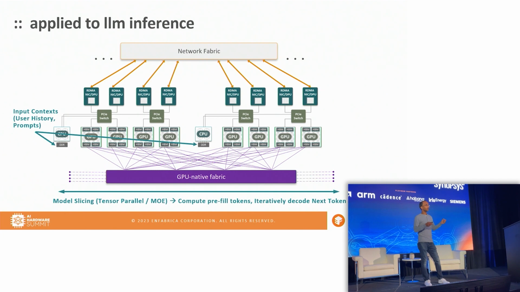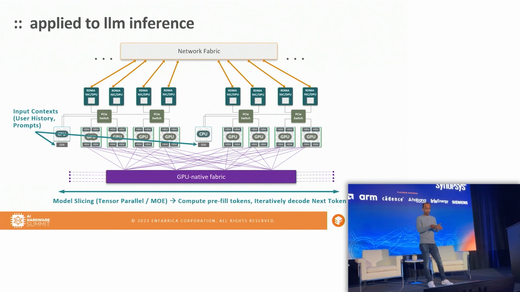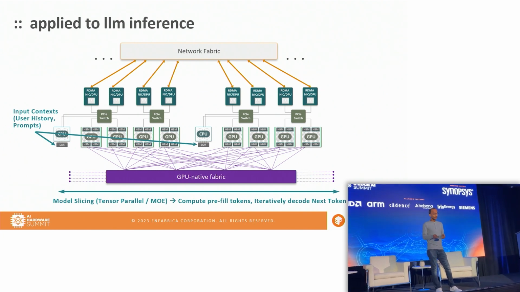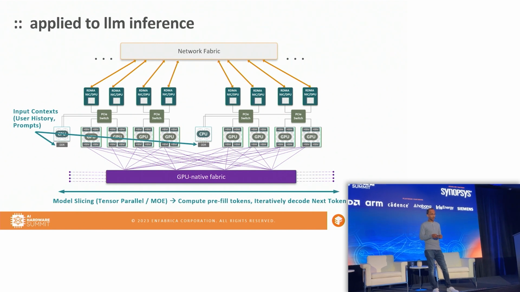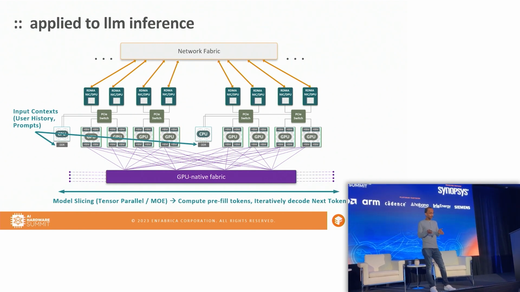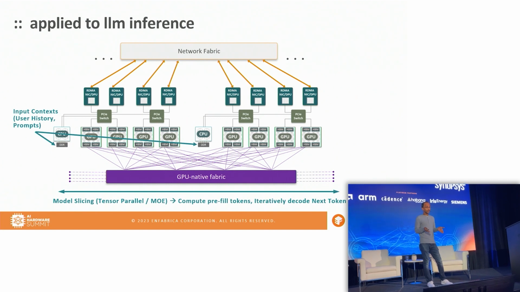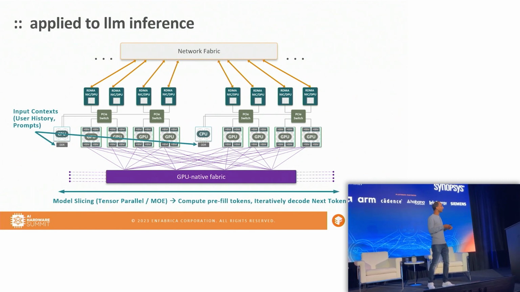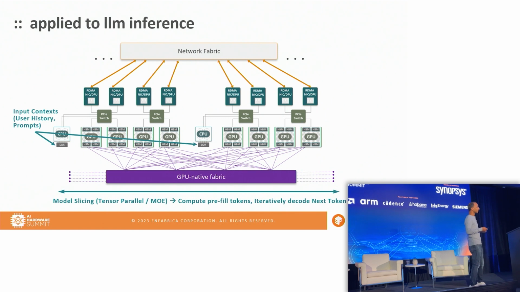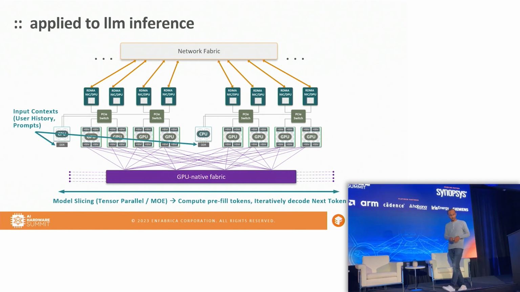The input context, the things that actually come into the workload in order to seed the entire job, are typically placed in DDR memory because they're the input context, the history, the prompts that we want the LLM to understand at the beginning of its work.